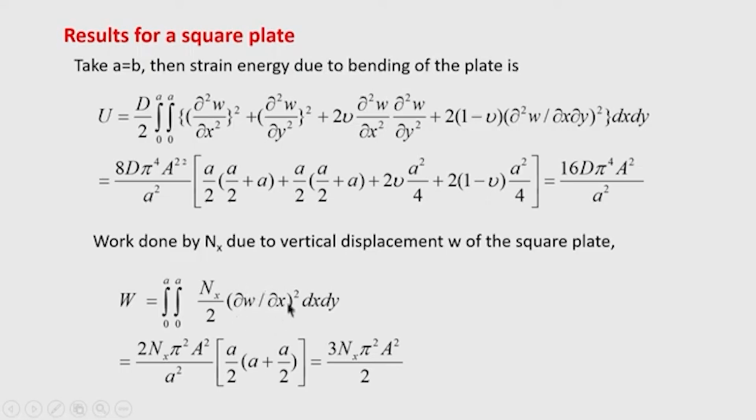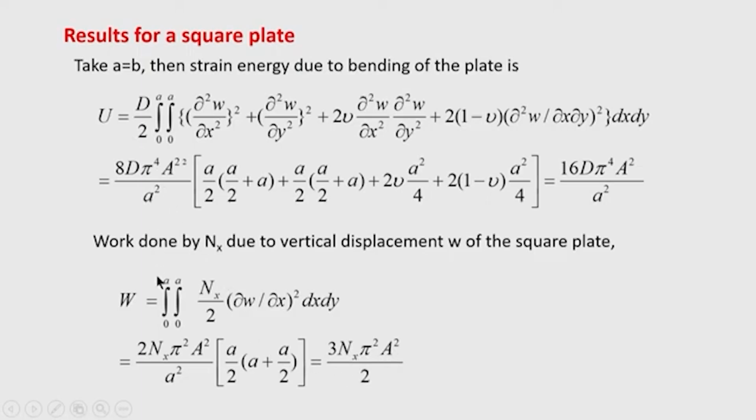Calculating this derivative and then integrating, we see the integration becomes this, and after simplification we get W as 3 Nx pi square a square by 2.